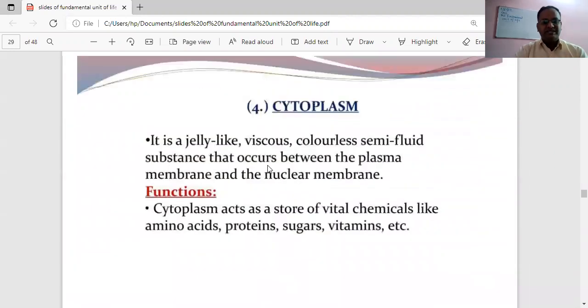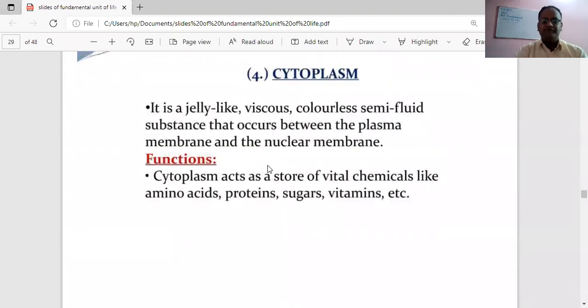So the cytoplasm is a jelly-like, viscous, colorless, semi-fluid substance that occurs between the plasma membrane and the nuclear membrane. And what is the function the cytoplasm performs? Cytoplasm acts as a store of vital chemicals like amino acids, proteins, sugar, vitamins.